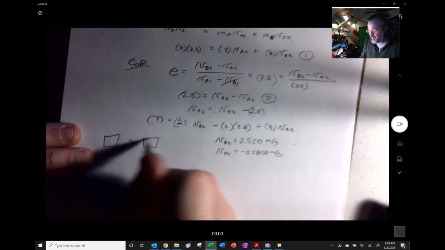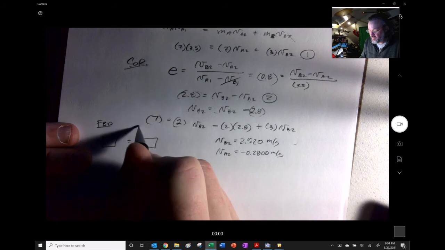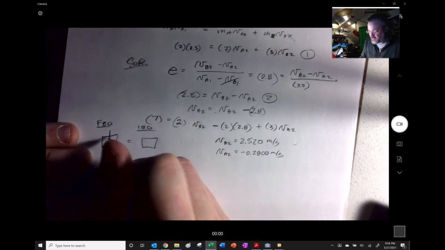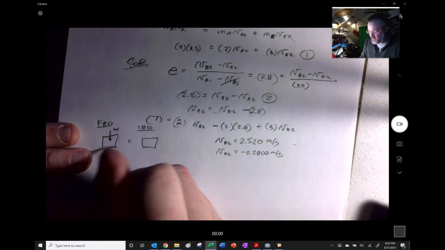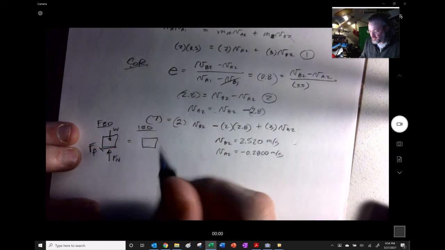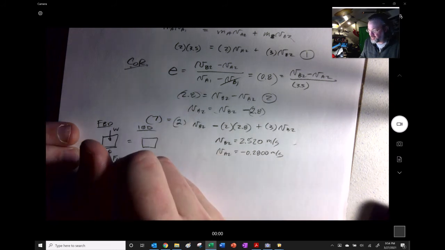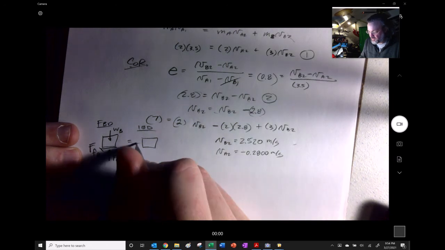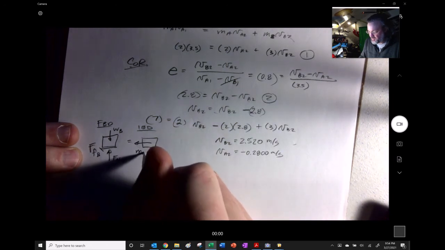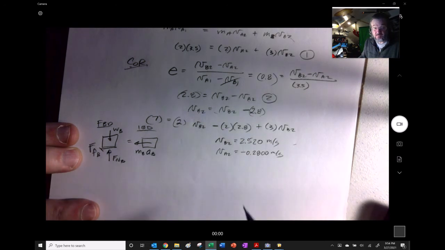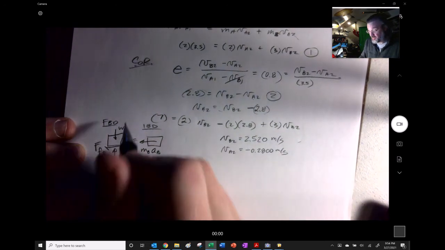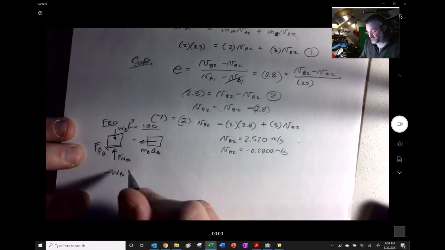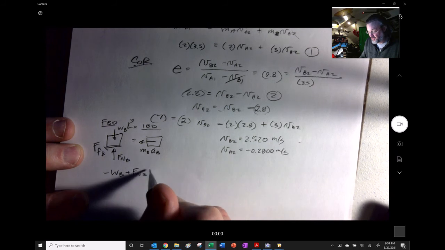But let's say that we do our FBD and IBD. We're going to have weight and a normal, and there is a friction force right there. I guess this should be on B, right? And there's also going to be m_B a_B. Now, I'm making this one because I want to make sure that I'm a good professor here and showing you the right way to do things.